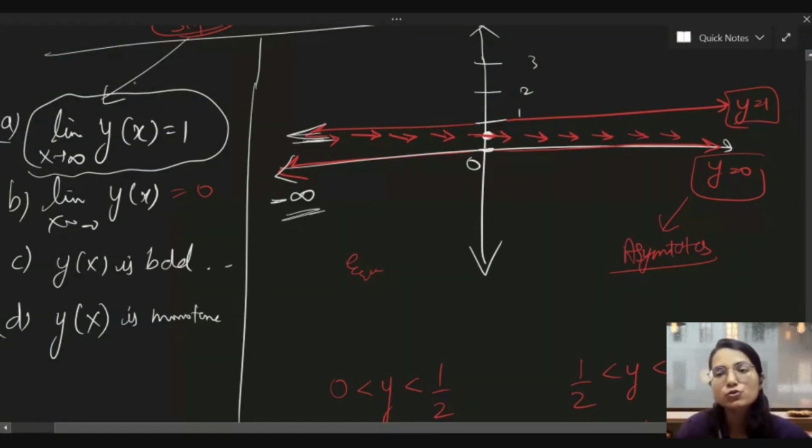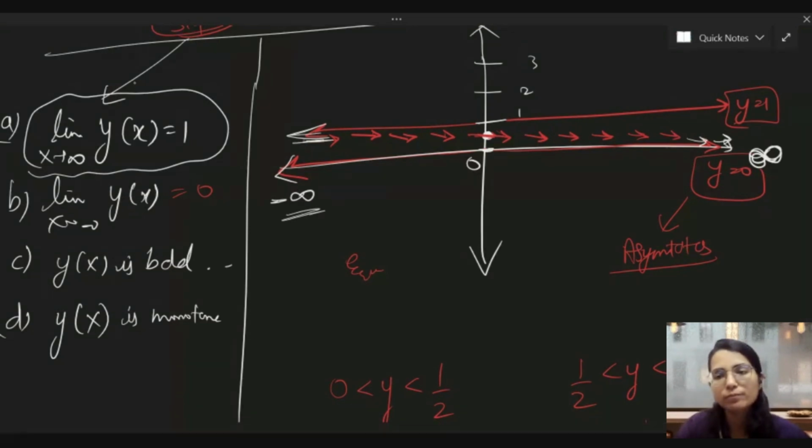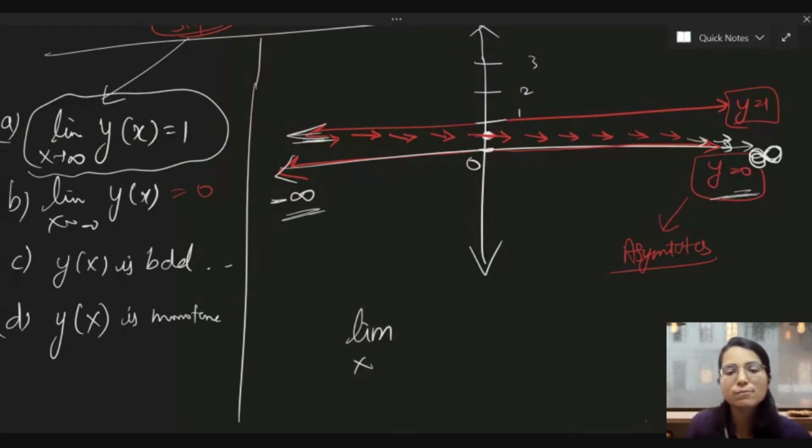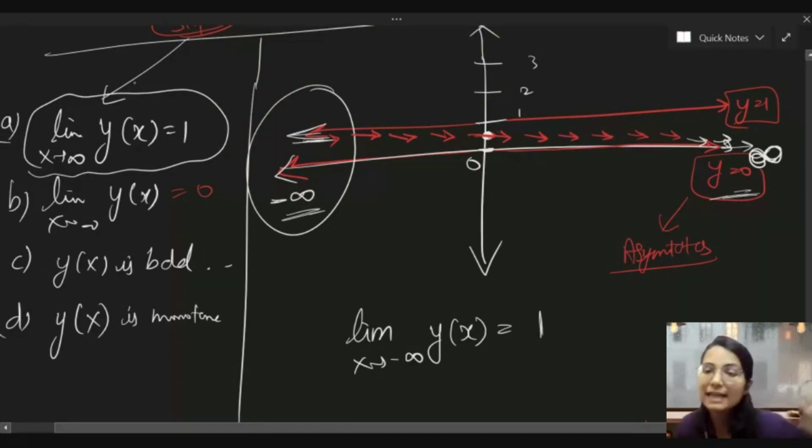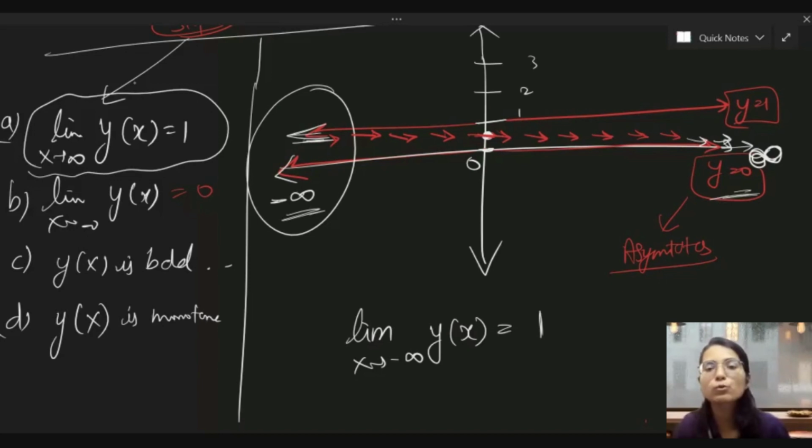And as x approaches infinity, the right-hand side, the curve is approaching y equal to 0 but not passing through. It is parallel to y equal to 0. So y equal to 0 now acts as an asymptote. I can draw two conclusions here. The limit as x approaches minus infinity of y of x is equal to 1. It doesn't actually cut the point, but it approaches 1.